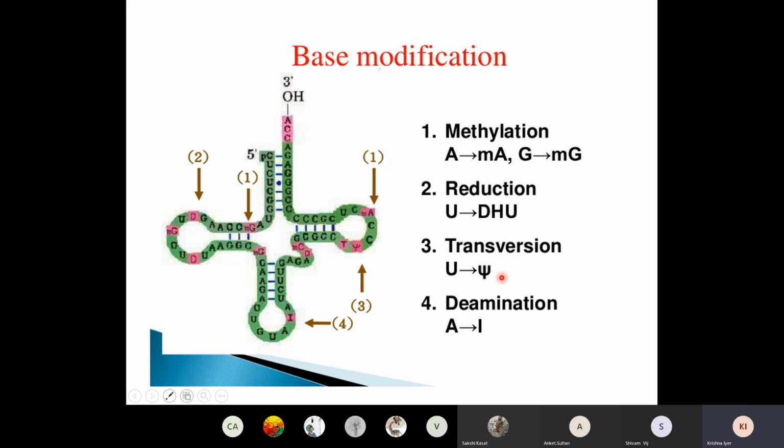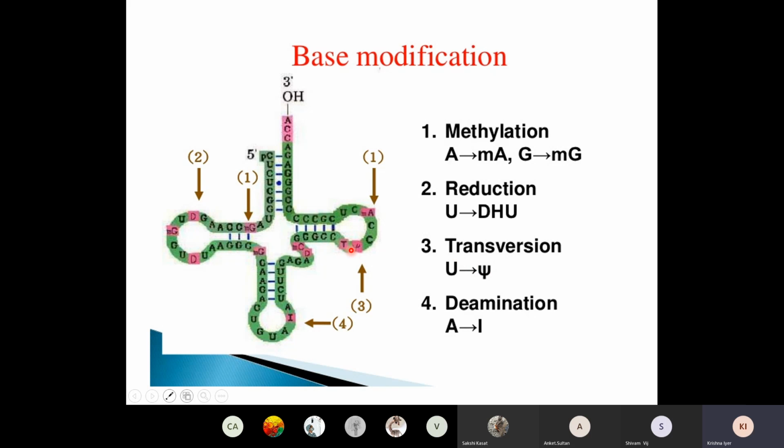If it's a purine, it is nitrogen number 9. If it's a pyrimidine, it's nitrogen number 1. In this case, the sugar is attached to a carbon. Which carbon? Carbon number 5, one of the 2 carbons on the right, which forms a double bond. That nucleoside is referred to as pseudouridine, and that is present in this loop.